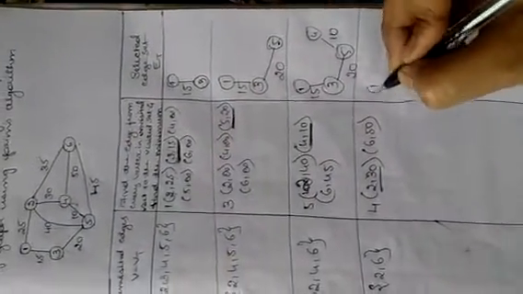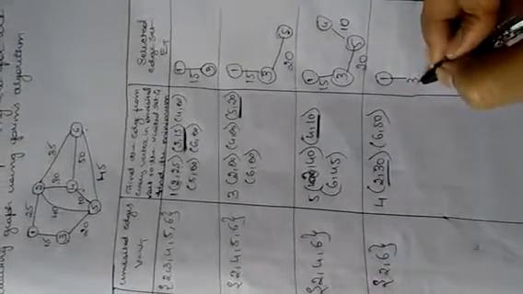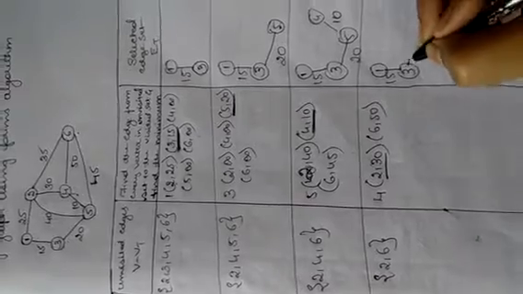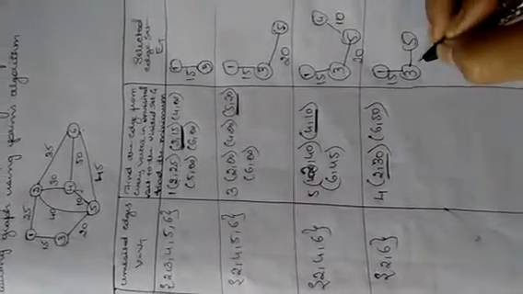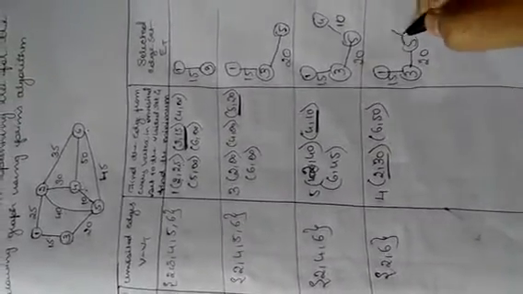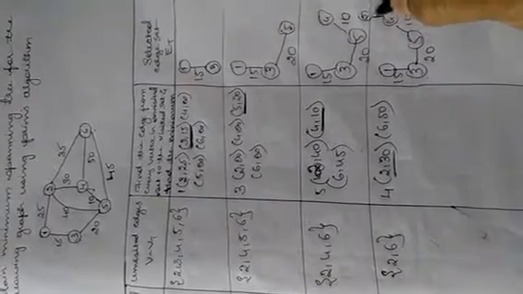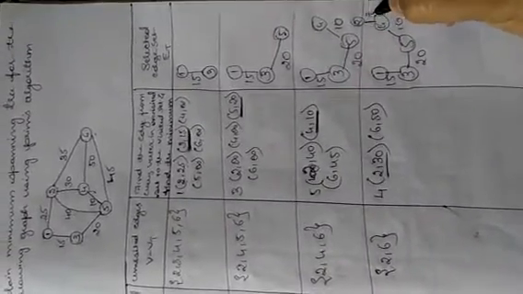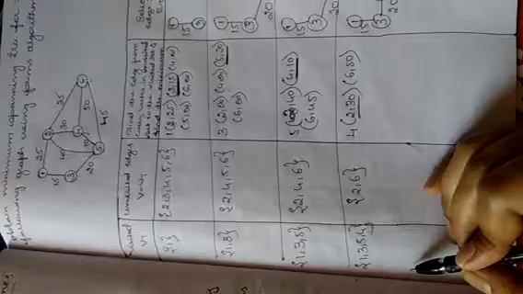So I'll write 1 to 3, it is 15. 3 to 5, it is 20. 5 to 4, it is 10. Then 4 to 2, it is 30.